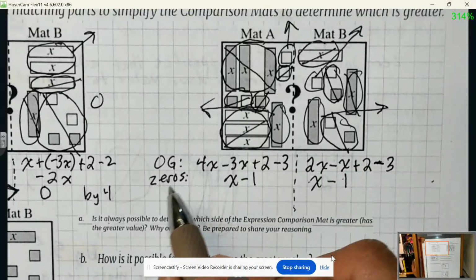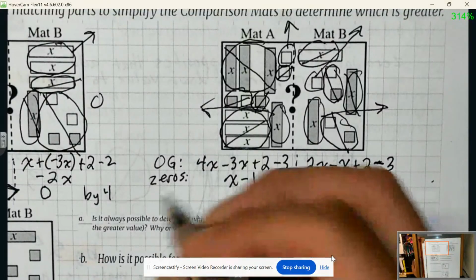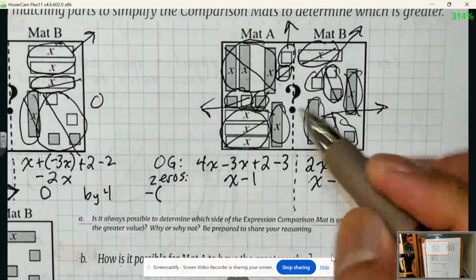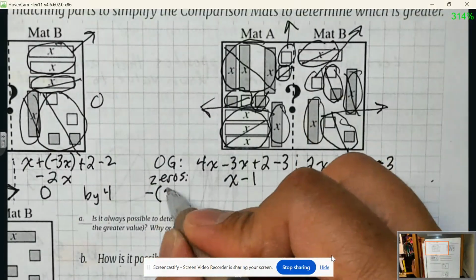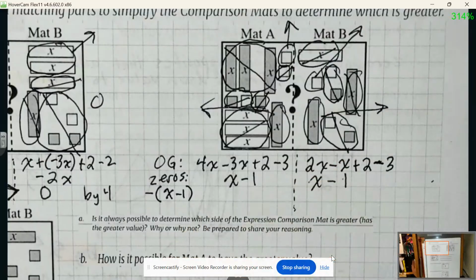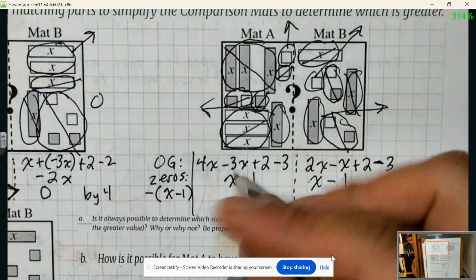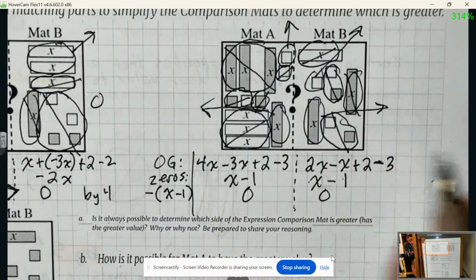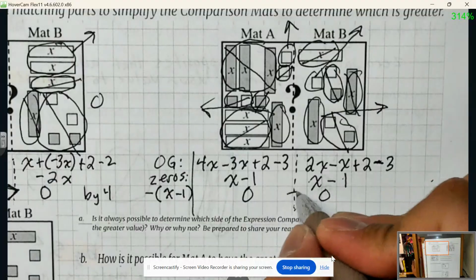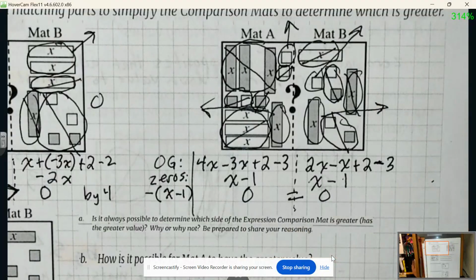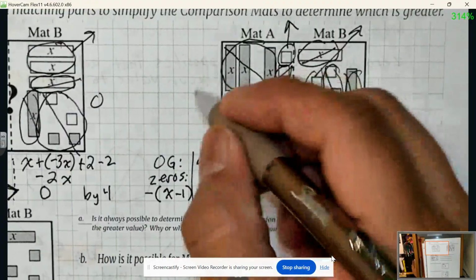So we can put those in one step. We subtracted an x and a negative 1. So x minus 1 was subtracted. Okay, and this gives us 0 and 0 on both mats, which makes them equal. Right? Left side is 0, right side is 0.